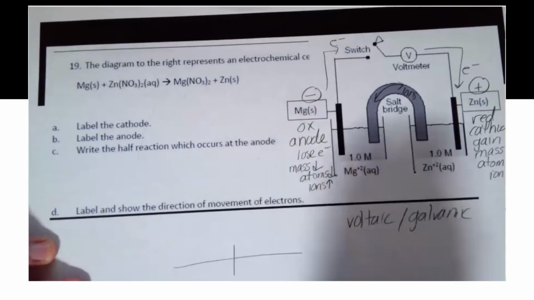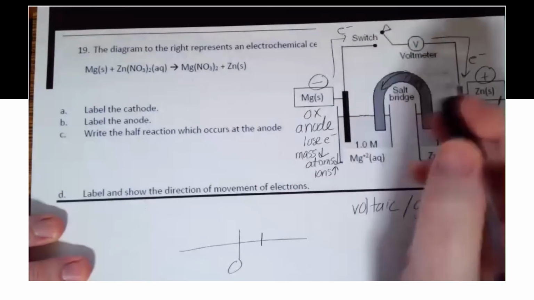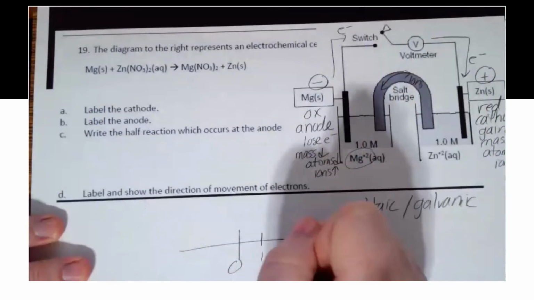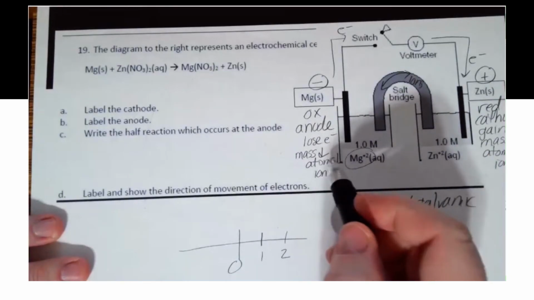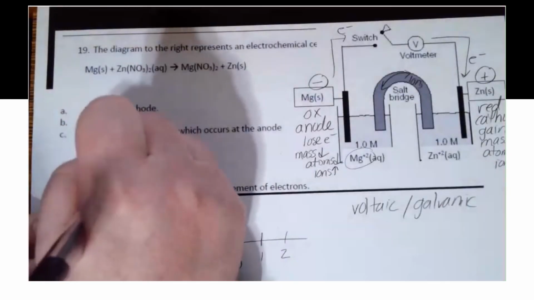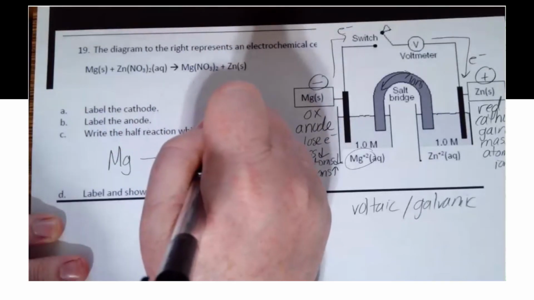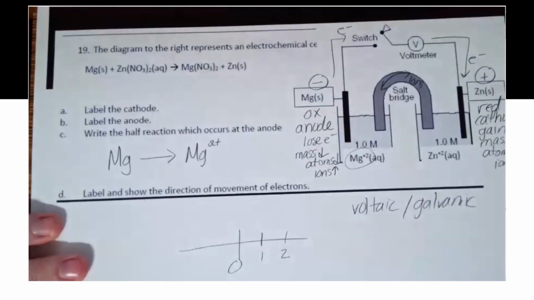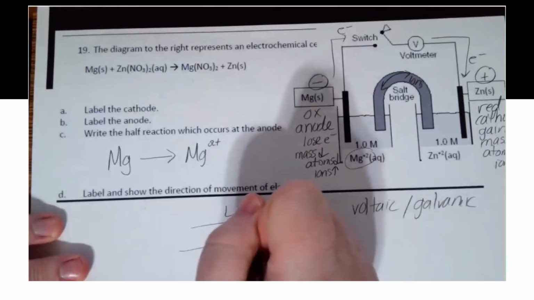So let's see, here's a little quick number line. And I have Mg and I have Mg plus 2. All right, so if this piece is getting smaller, then I'm starting with Mg and going to Mg plus 2, right? So if I'm going this way, that is definitely following Leo.